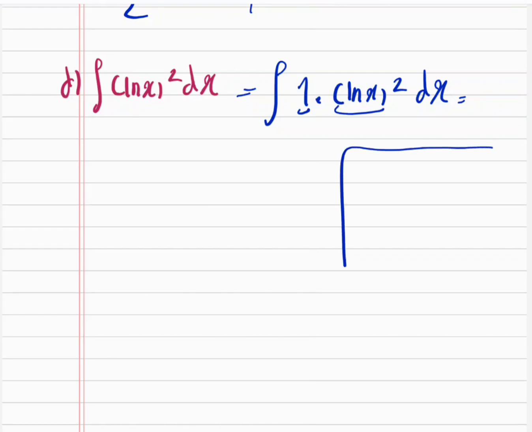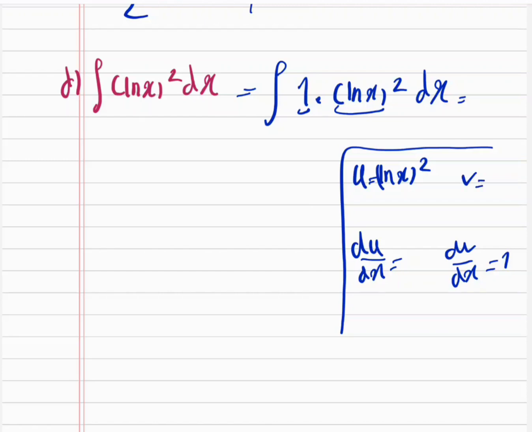So that's the trick that I was mentioning: whenever you just have ln x or (ln x) squared, you just rewrite that as 1 times that, and then you take 1 equal to dv/dx. So u is equal to (ln x) squared, and dv/dx is 1.